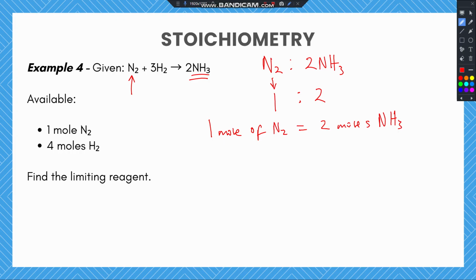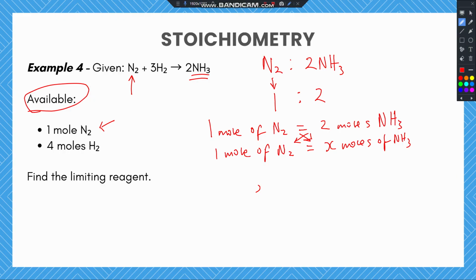From the question, we see what's available. So we have 1 mole of nitrogen. So we come down here and say 1 mole of nitrogen produces X moles of ammonia, NH3. When we cross multiply, we end up having X equal to 2 times 1, which is 2 moles basically.